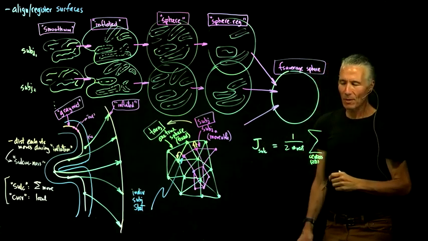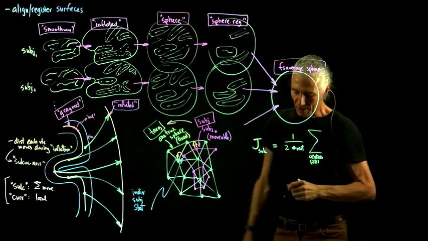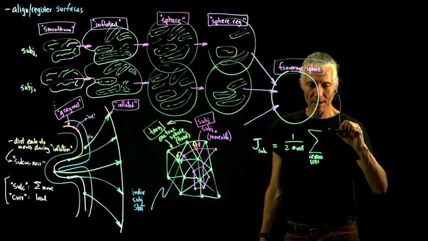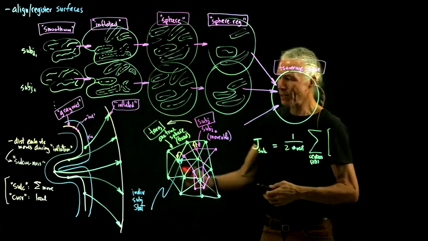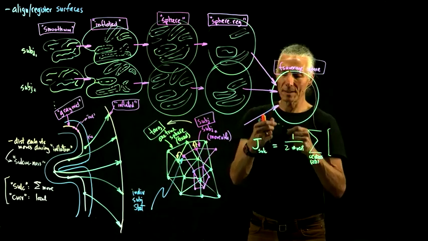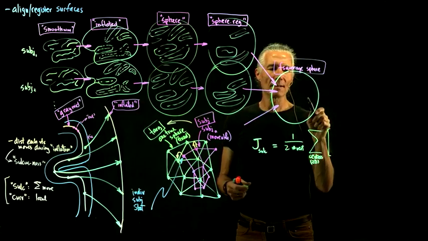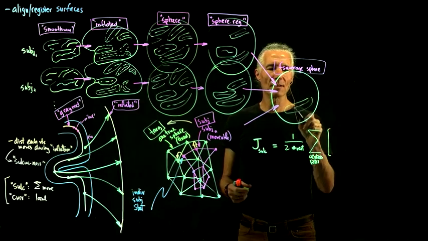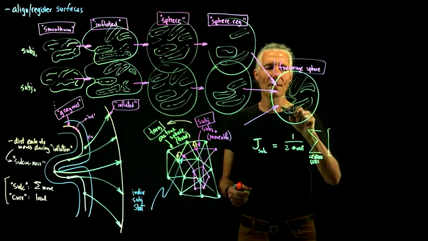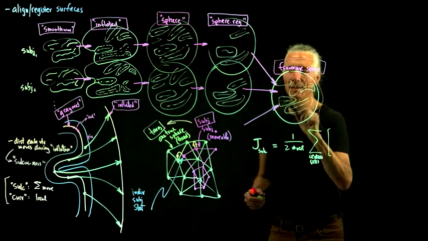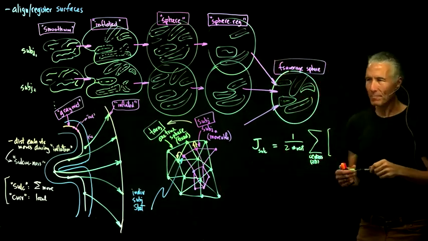So we sum across all the vertices, and so what are we summing? Our error is just defined as the difference in sulcousness, because our average sphere is going to have a set of sulcousness measures at each vertex that will tell it how much like a sulcus each vertex, 160,000 vertices in the sphere, is.